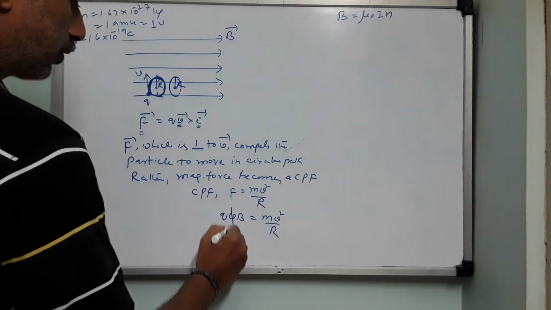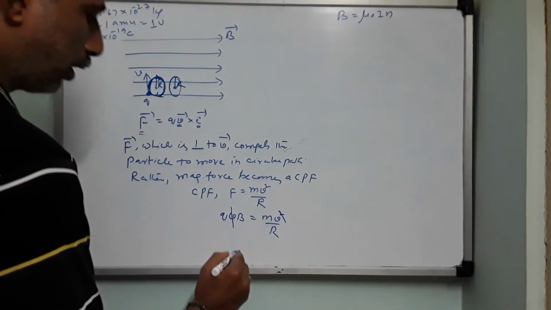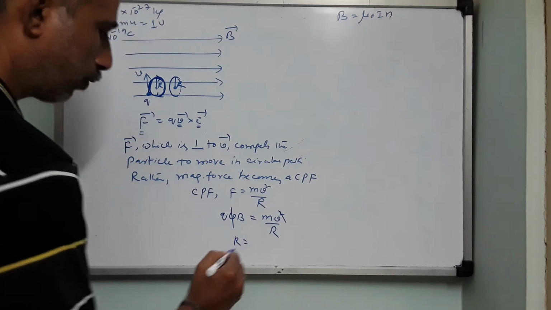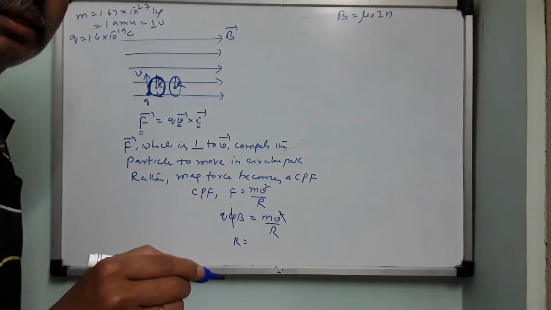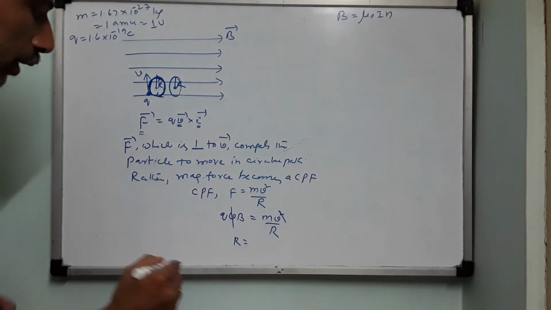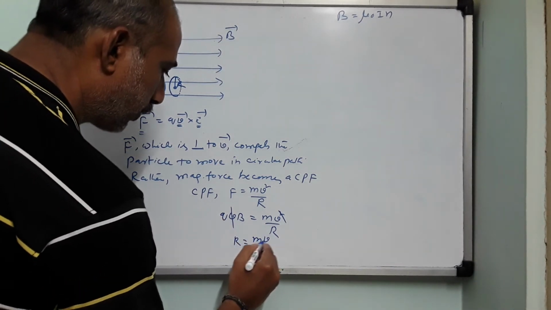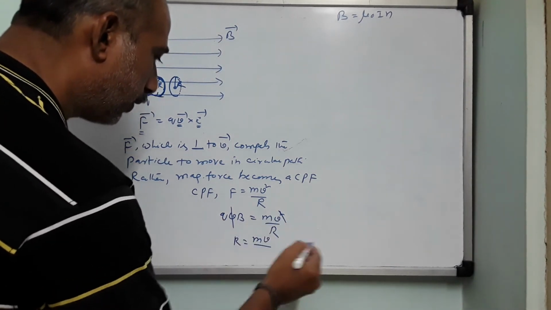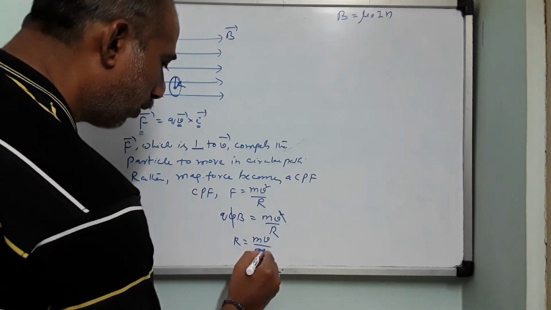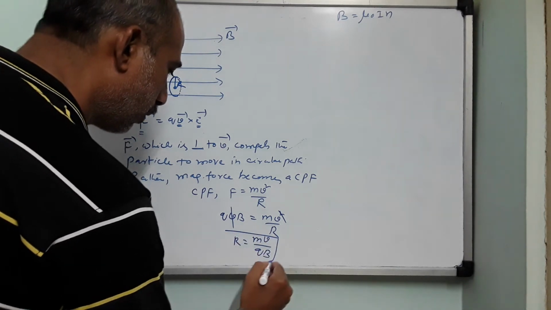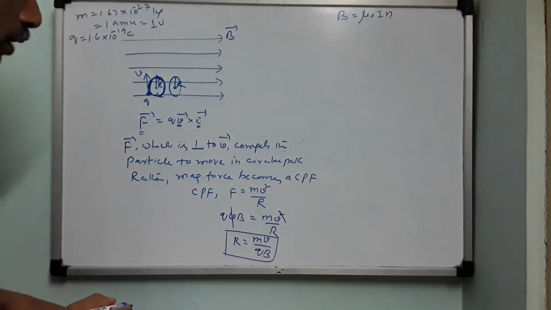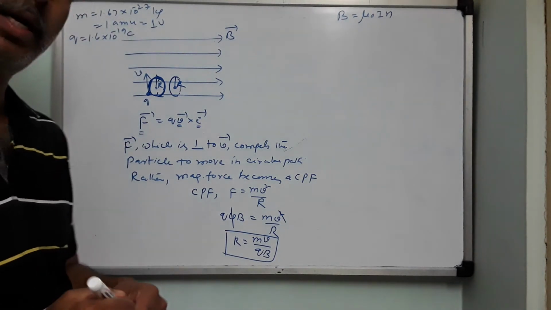Now velocity cancels on both sides. Now I am trying to find the radius of the circular path in which the particle is moving. So r will come to the left side, mv will be on the right side, so qB will go down. This is one of the important equations in magnetic effect of current.